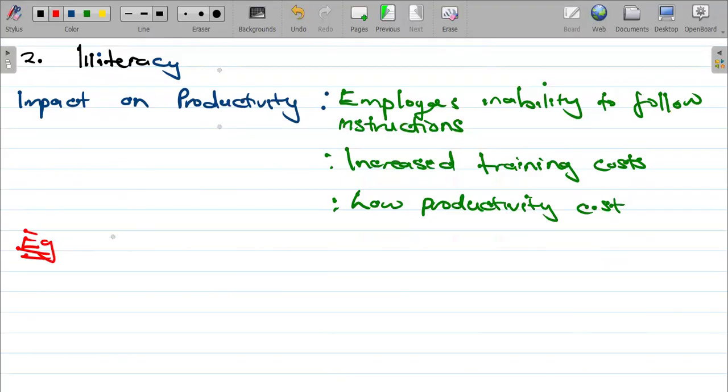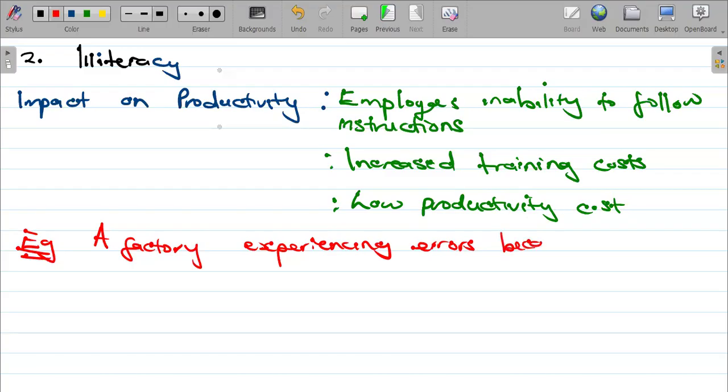E.g., a factory experiencing errors because workers cannot read safety instructions.